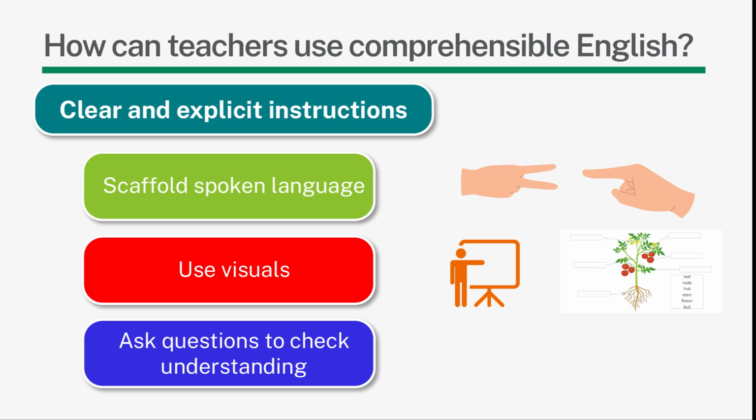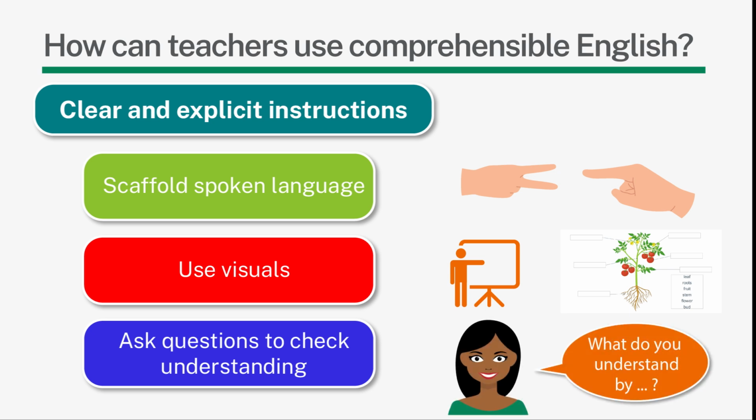Ask questions to check understanding. Ask children questions about the topic. If they respond, it's a confirmation that they've comprehended. Were you only to ask them to repeat the instruction and they repeat it, this could mean they can repeat the sounds, but not necessarily with understanding.